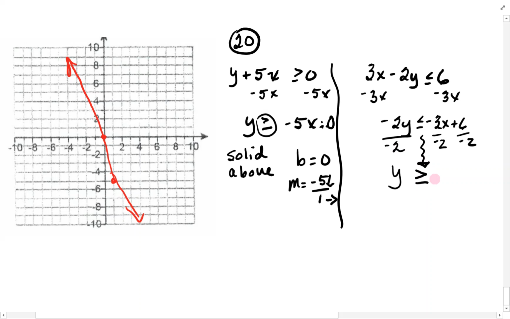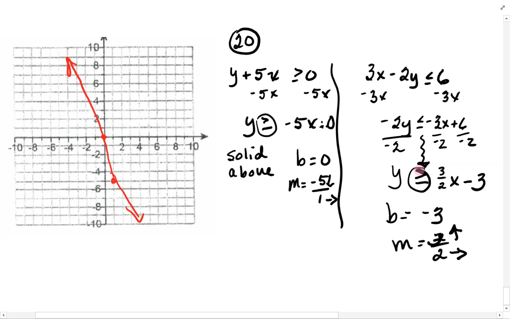It has to reverse. And then negative 3 over negative 2 is positive 3/2 x minus 3. There are so many places you had to be careful in this process. So the b value is negative 3. The slope value is 3 over 2, which is up 3, right 2.